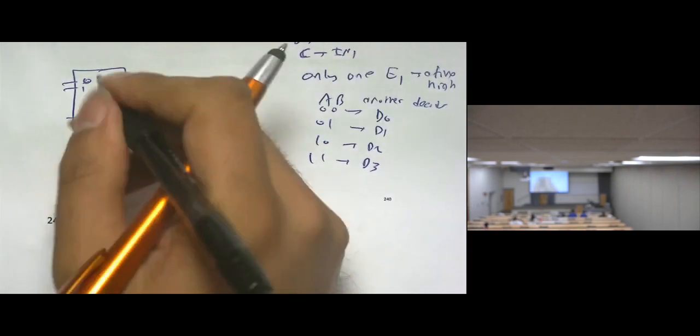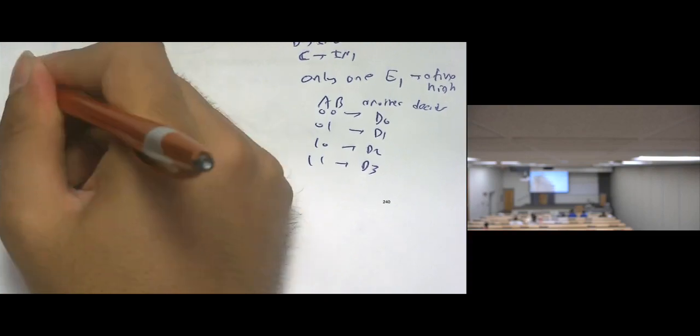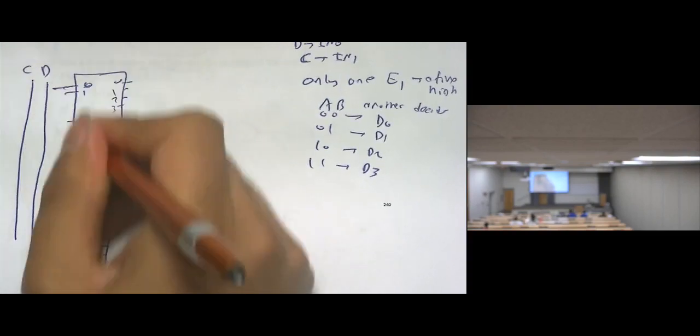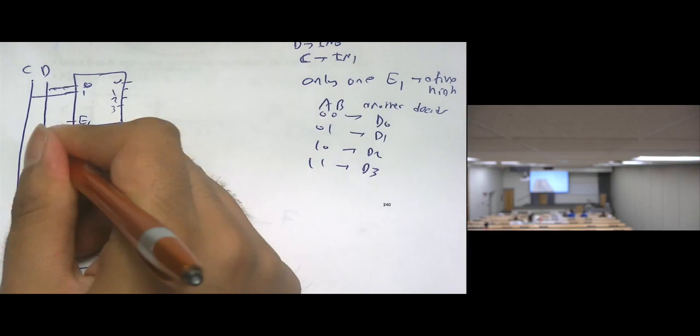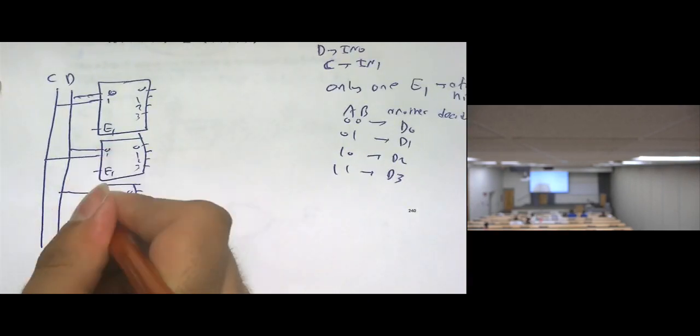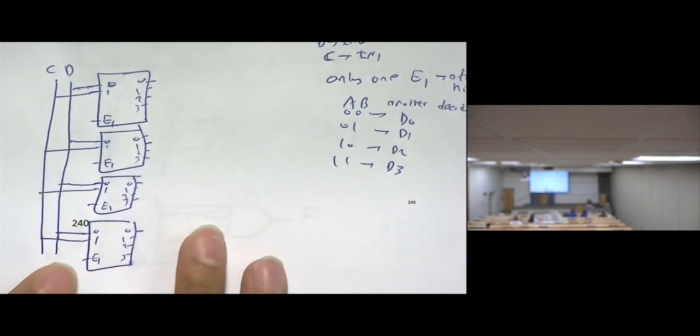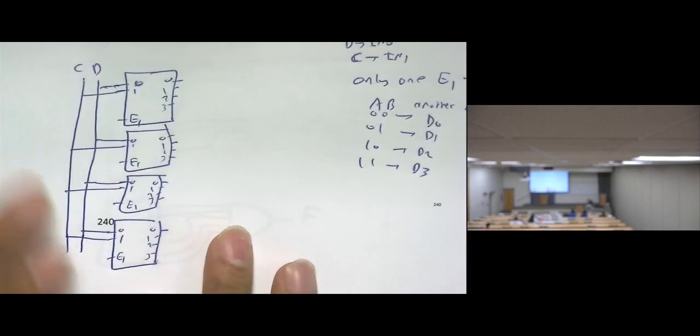So I'm going to connect C and D. That's shown here. So C will be 0, D will be 0, C will be 1, and so on.